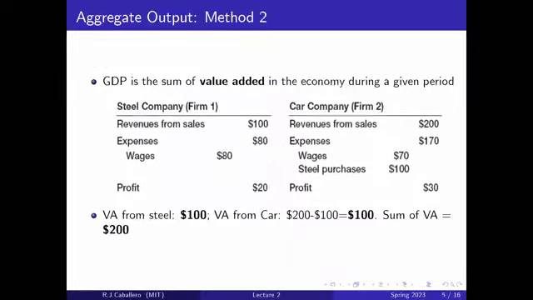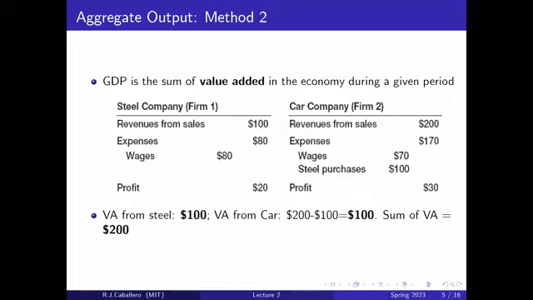Method two was to count only the value added in each company. And value added is the difference between the final output, that is the revenue from sales, minus whatever that company spends on intermediate inputs. In this simple example, the steel company is not spending anything on intermediate inputs. It's a strange production of steel, but anyways, it is what it is in the example.